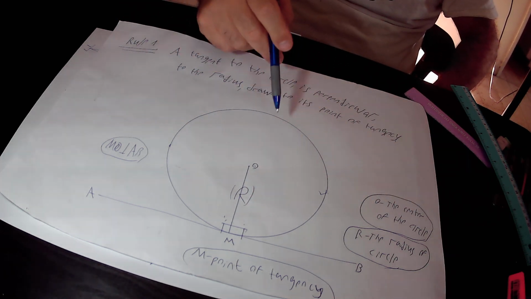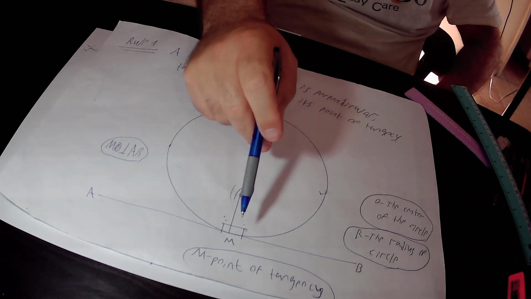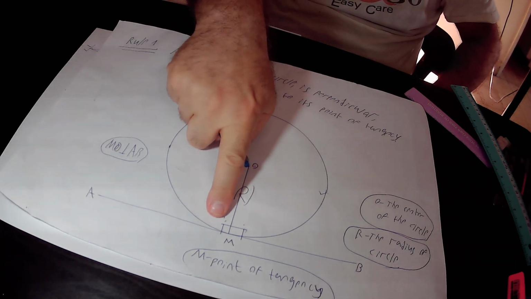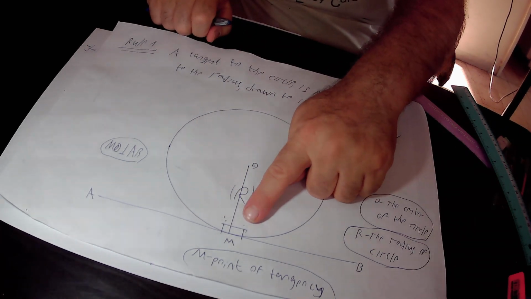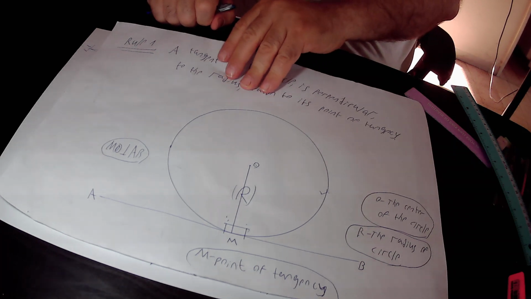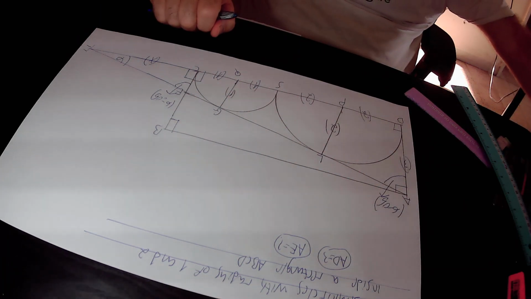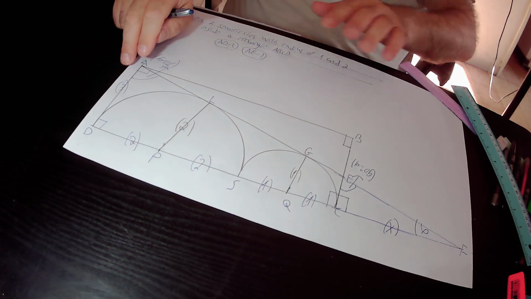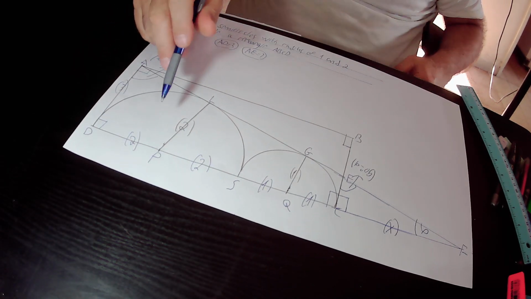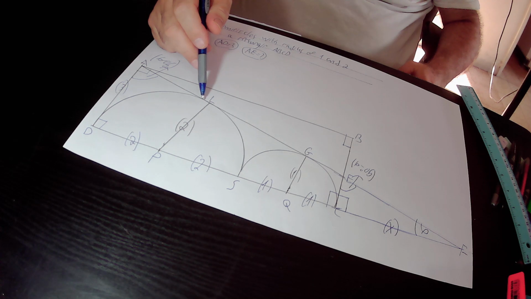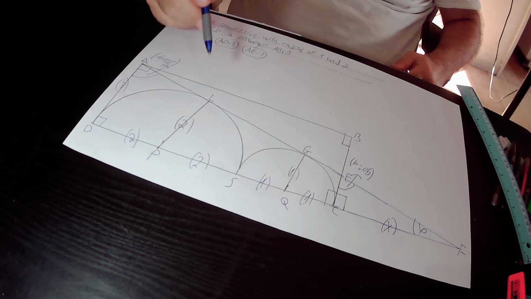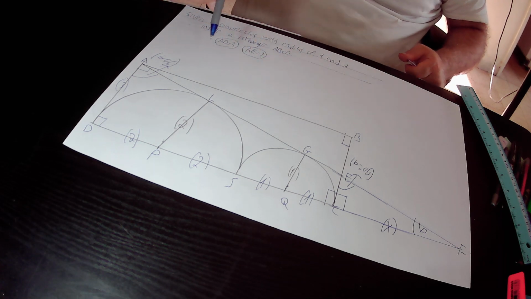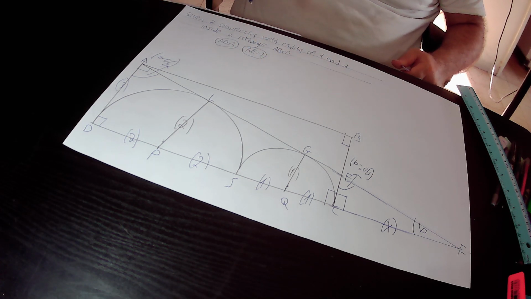Whenever you have a radius that is drawn to the point of tangency, then tangent AB will be perpendicular to the radius MO. If AB is perpendicular to MO, it means that this angle equals 90 degrees, and this angle also equals 90 degrees according to rule 1. So we can actually implement rule 1 in our drawing. Why? Because in our drawing, we have the radius PL of this big semicircle drawn to point L, the point of tangency of tangent AE with this big semicircle.